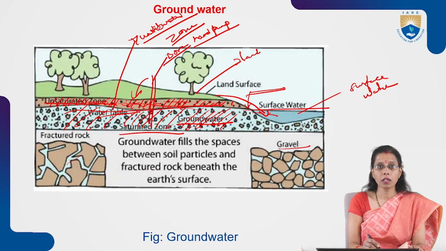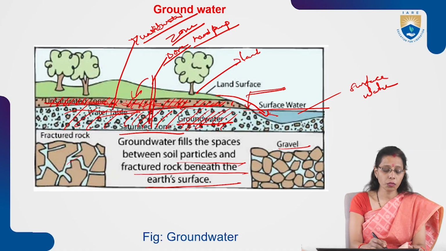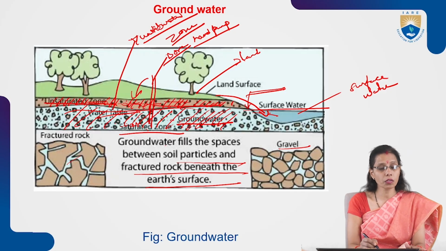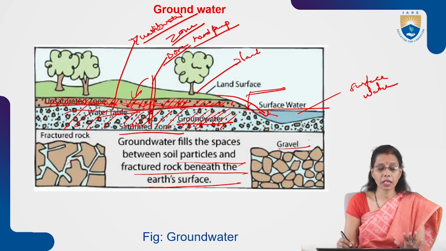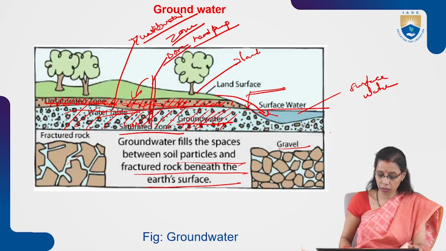Here, groundwater fills the spaces between the soil particles and fractured rock beneath the earth surface. So you have many fractured rocks in this bedrock, and wherever you have the fractured rock, water also fills it and it will produce groundwater. Like this, you have some gravels beneath the earth surface, and gravel also holds water.